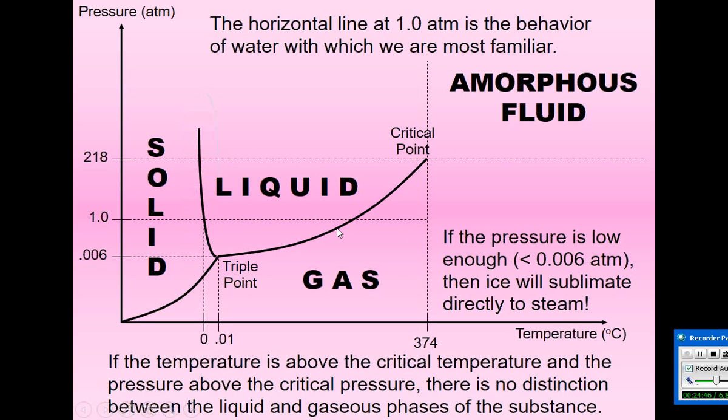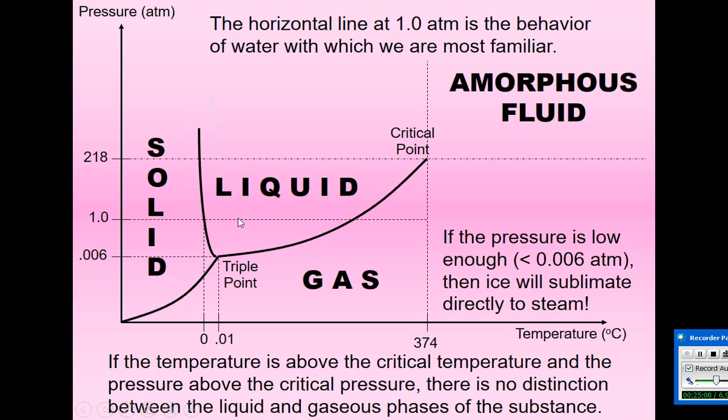The lines that we see represent boundaries. At 1 atmosphere, if you look on this horizontal line, if we move left to right across this line, we move through increasing temperature. And we see the solid region, and at about 0 degrees Celsius, we go from solid to liquid.